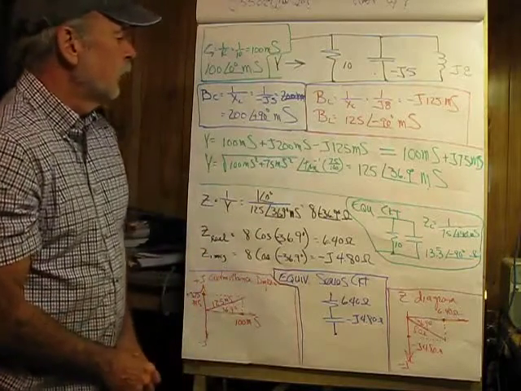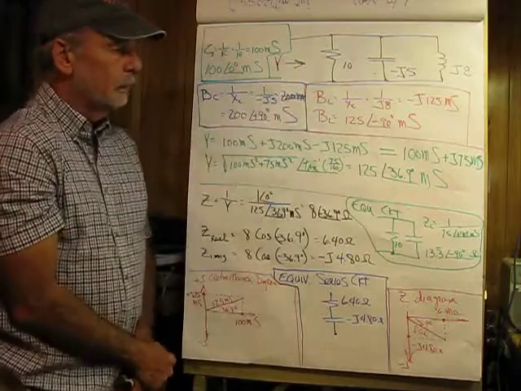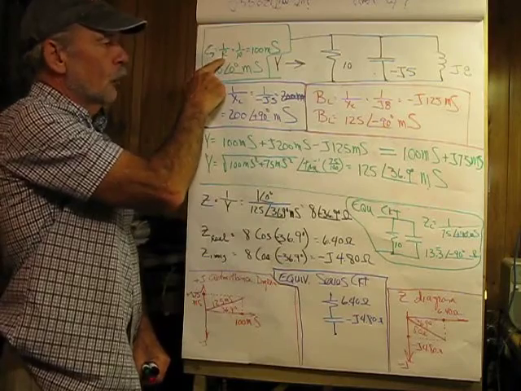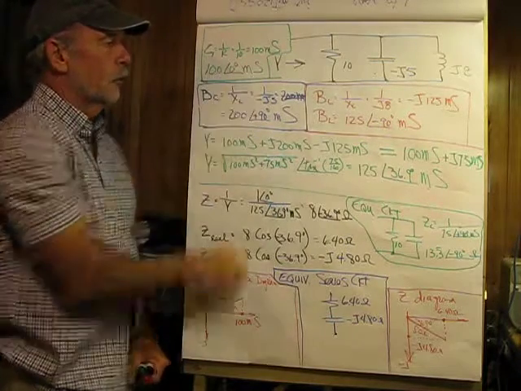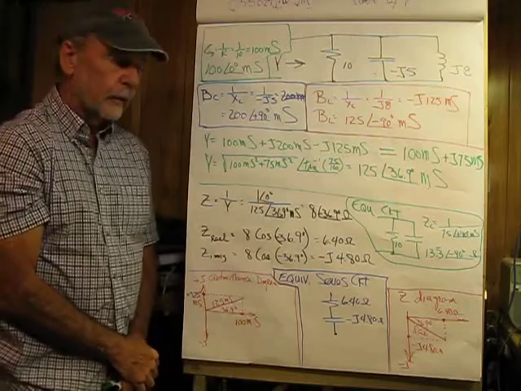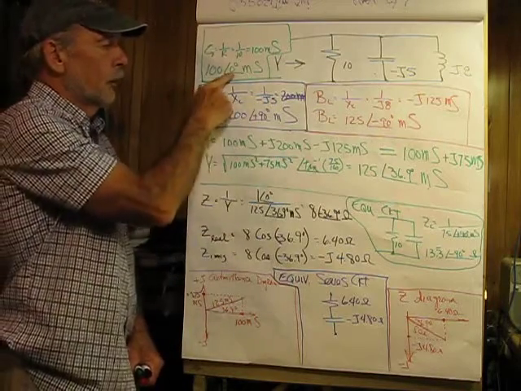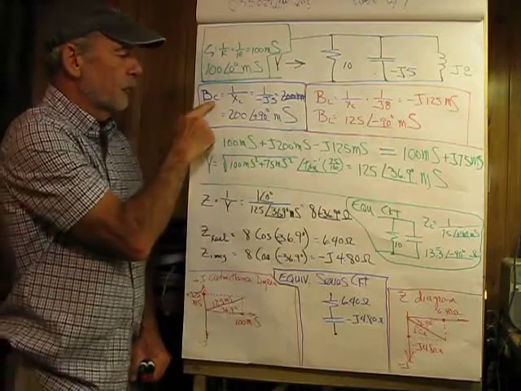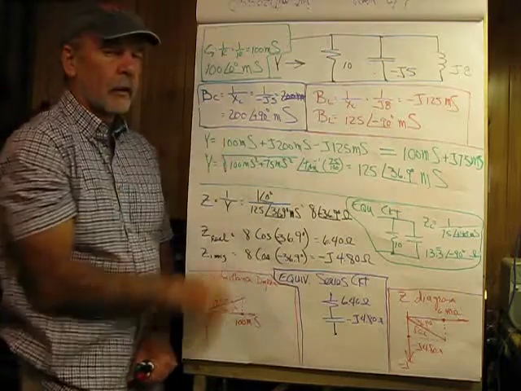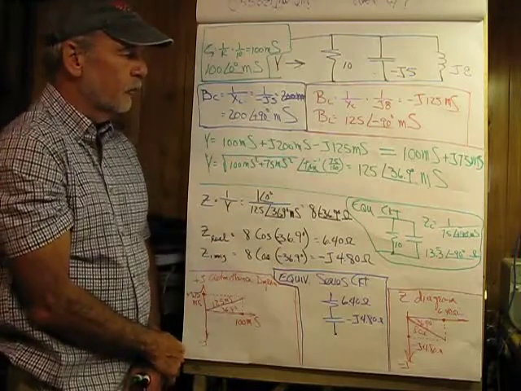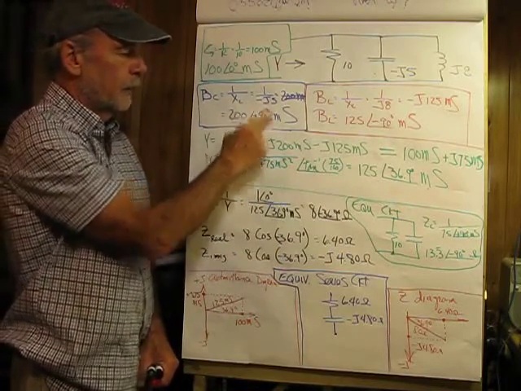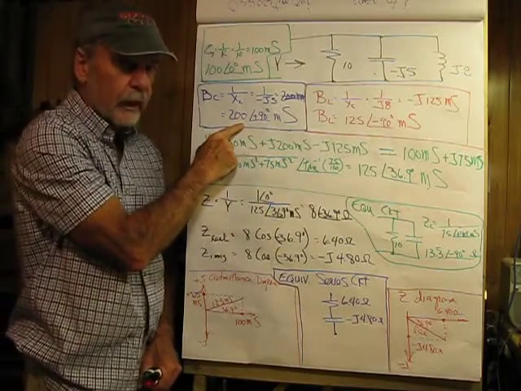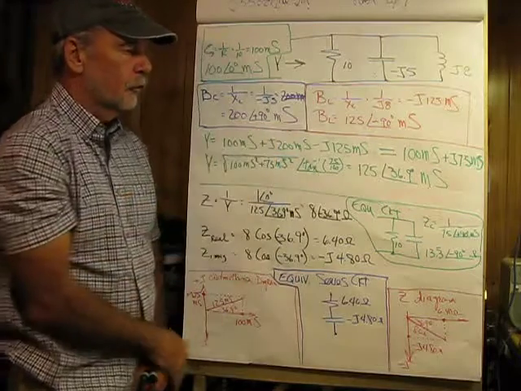So let's convert each one of these three into its respective forms. The conductance G equals 1 over R equals 1 over 10 equals 100 millisiemens, and representing that in polar form would be 100 at 0 degrees millisiemens. Likewise, the capacitive susceptance is equal to the reciprocal of the capacitive reactance, which would be 1 over negative J5, which turns out to be 200 at plus 90 degrees millisiemens.